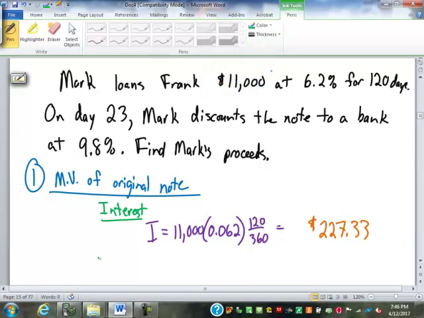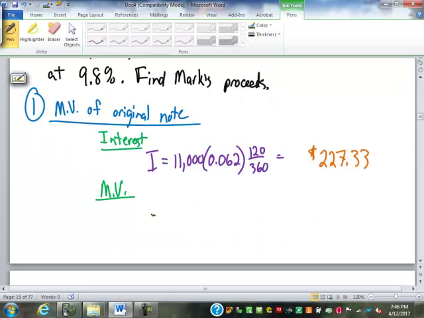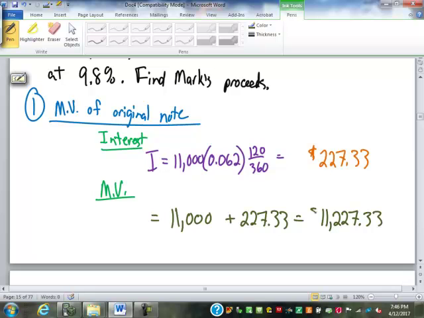So then our next step is the maturity value, which is the 11,000 principal plus the 227.33 in interest, so $11,227.33.